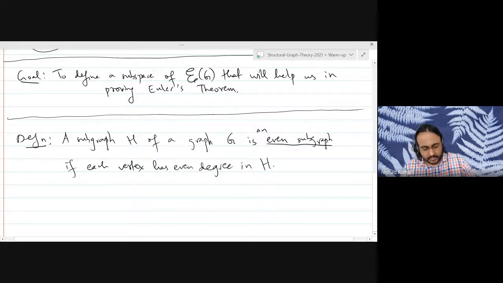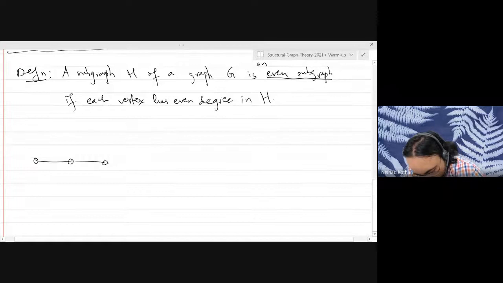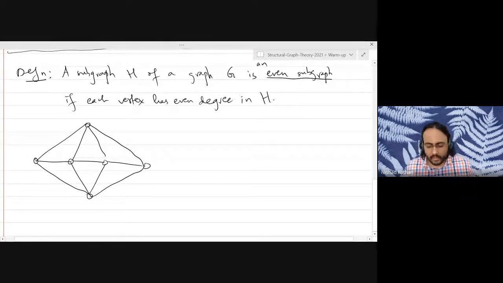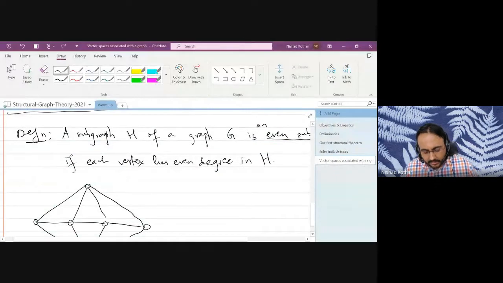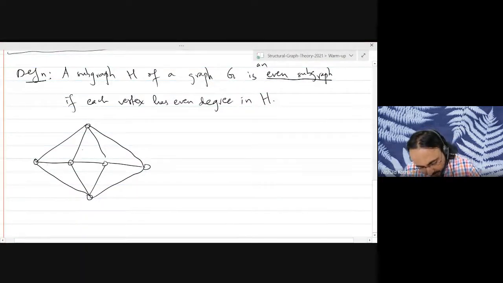Okay, so let's take a quick example. Let's go back to our previous example, which is this guy. So for instance, and as we noted earlier, we are going to think of subgraphs as sets of edges in this particular part of the course, right? We are not going to worry about the vertex set. So consider the subgraph in red color.